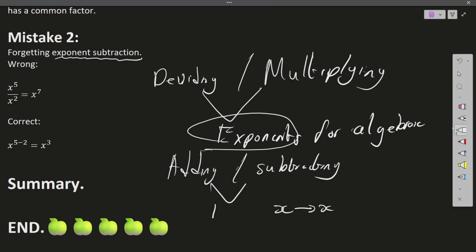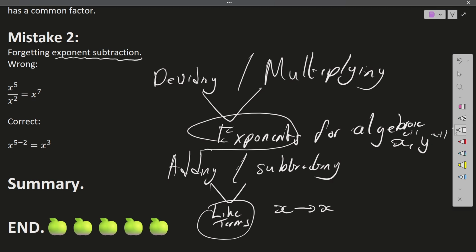You are working with like terms. Here, in dividing or multiplying algebraic terms or expressions, you are working with the exponents for those x's or y's, so you can get x squared or y squared or even more. By the way, when you are plusing, that is multiplying. When you are minusing, that is dividing.